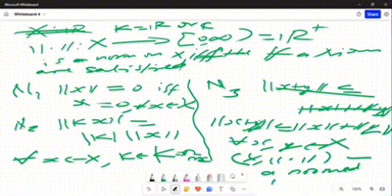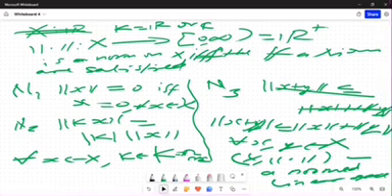So if you hear a normed linear space, we are saying that what you're talking about is a linear space X, or a vector space X, together with a norm.